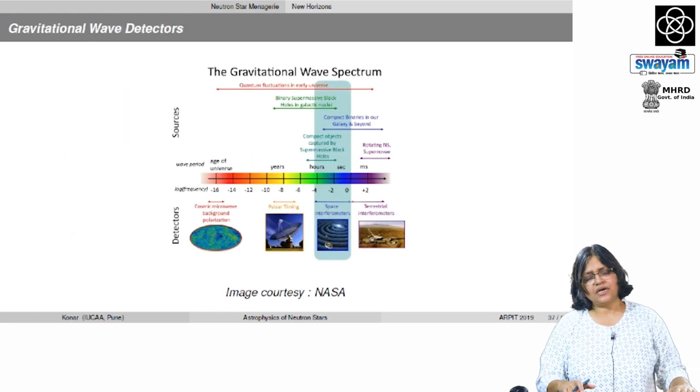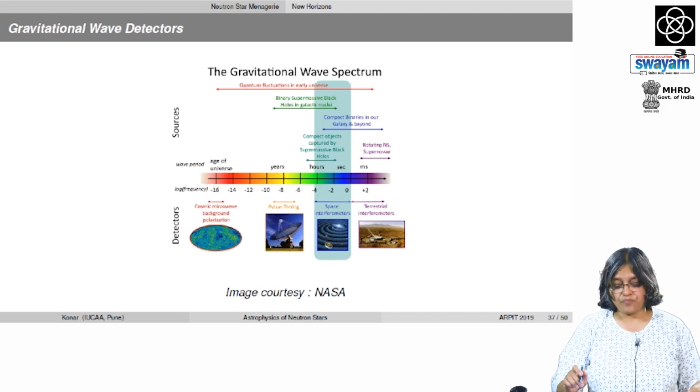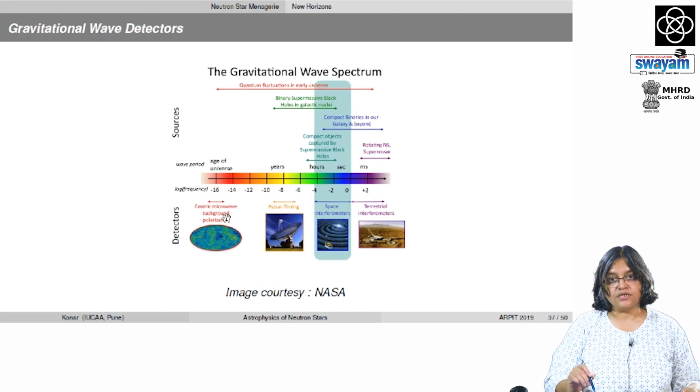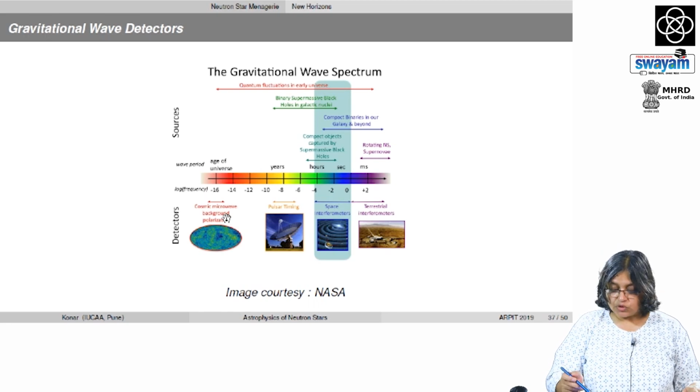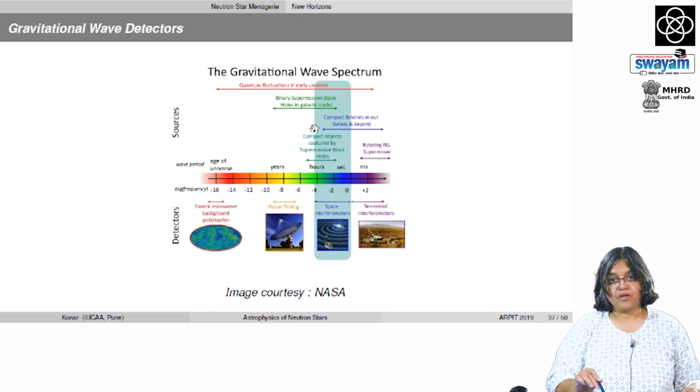Now, let us consider the gravitational wave detectors for a moment. There are different kinds of detectors which scan different frequencies of gravitational waves, and you should note that the sources that generate them are also different.